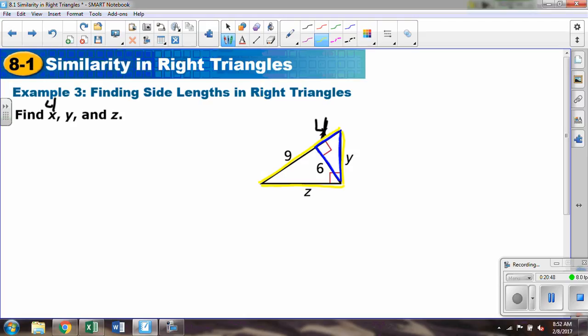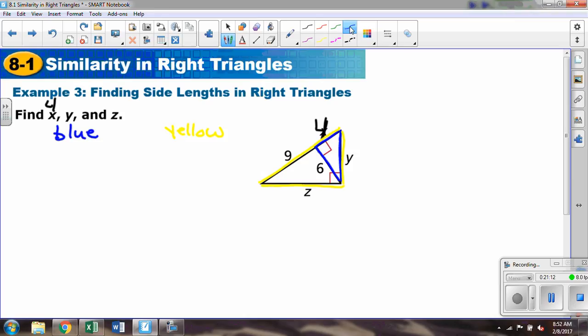I'm going to build my proportion then using the small triangle being similar to the big triangle. And so, starting off with my small triangle in the blue and my big triangle in the yellow, I have to build another proportion.